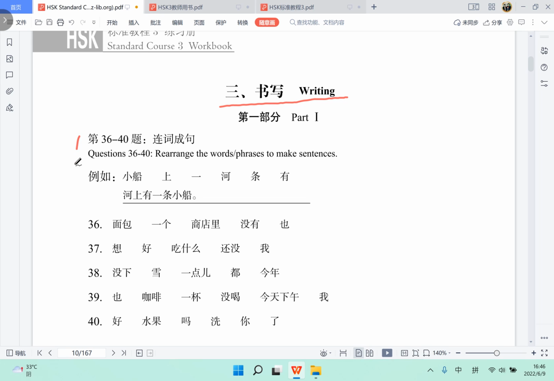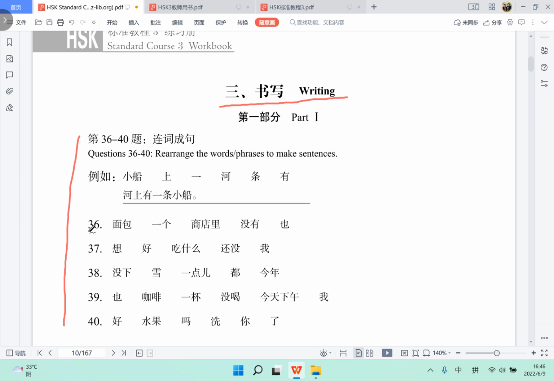But this one is going to frequently be tested in HSK 3 and 4, and lots of my students are struggling with this kind of question, so we better do this together.